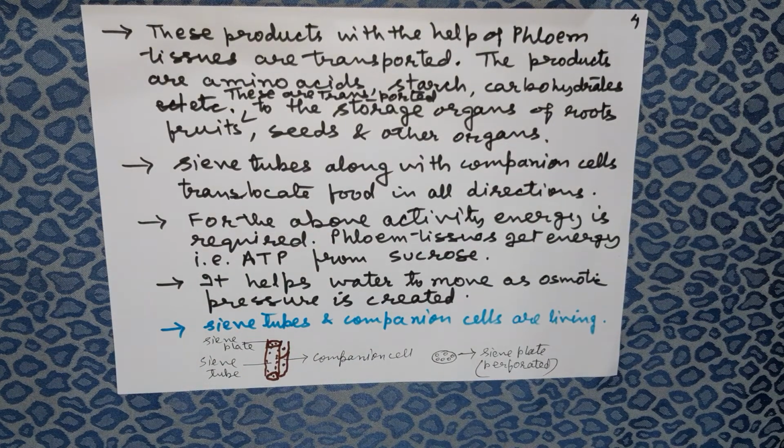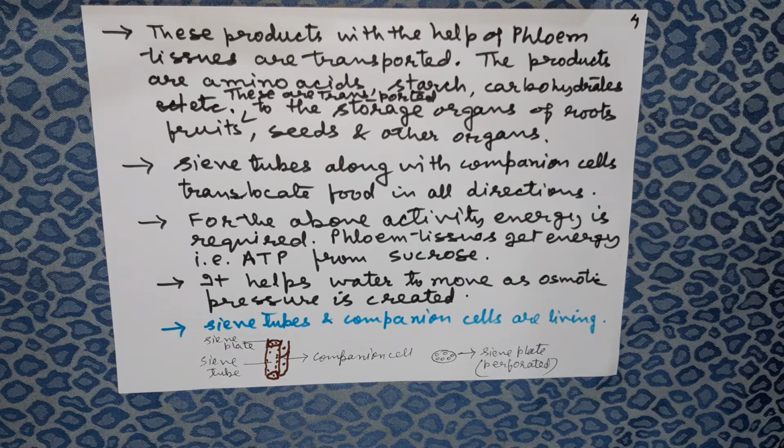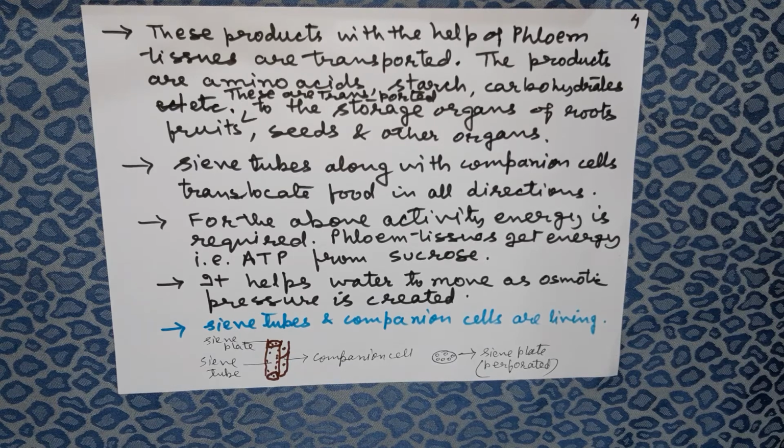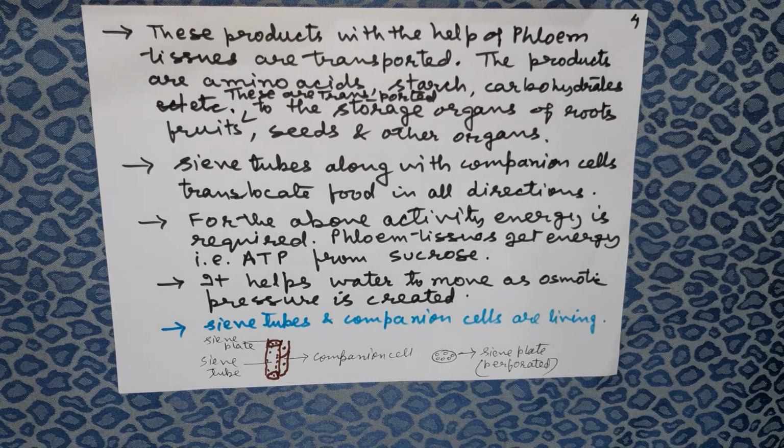Not only carbohydrates, some starch, some amino acids, some plant hormones are also transported from one part to the other part of the plant. Apart from that, these products can also be transported to the various storage organs of the roots, fruits, seeds and other organs.